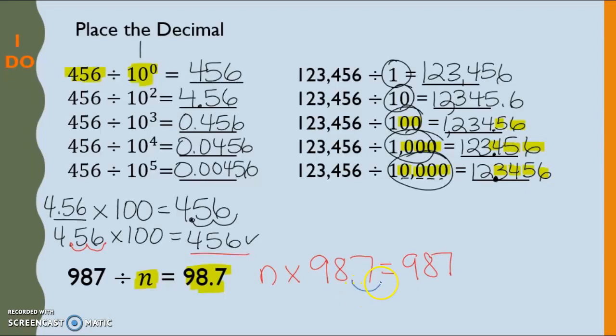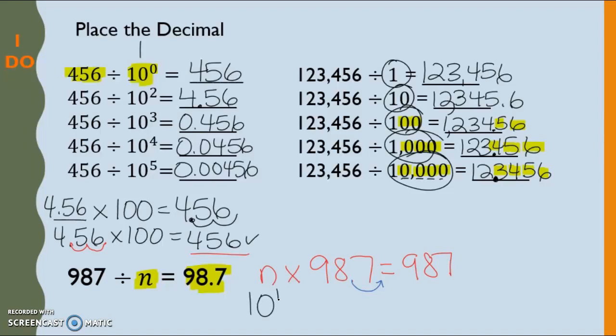I moved the decimal point once to the right, and that means that I increased by 10. That matches our pattern. So that means that this is 10 to the first power.